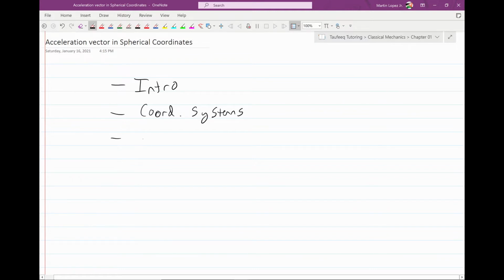And then we're going to introduce an alternate method to solving for the acceleration vector in different coordinate systems. And then finally, we're going to do the spherical coordinate system. So this one is going to focus on rectangular and polar.